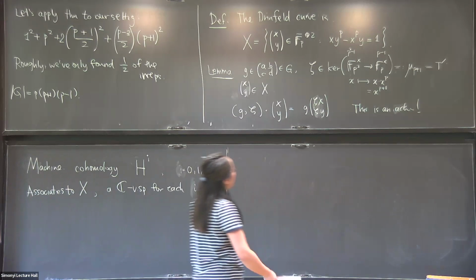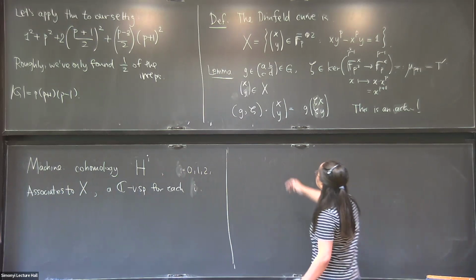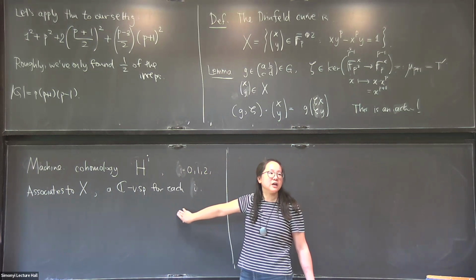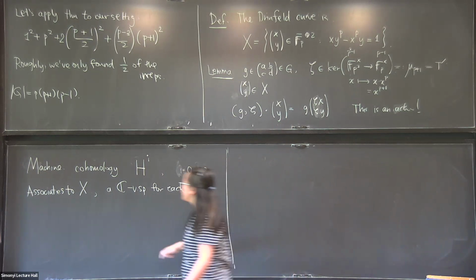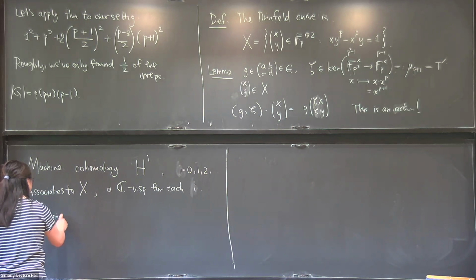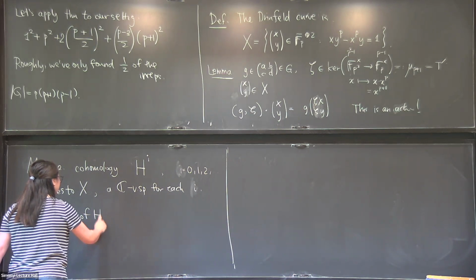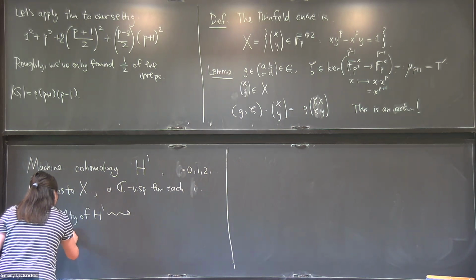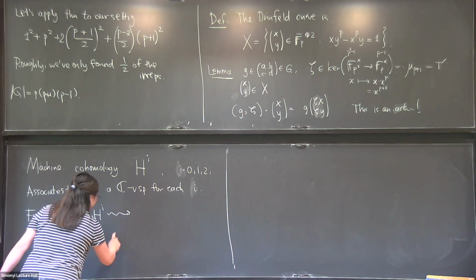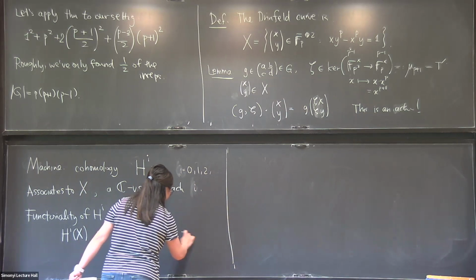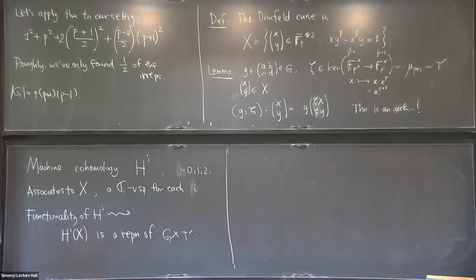One of the things built into the naturality is that because my X came with group actions, the resulting thing after I put it through this machine will also have group actions. So functoriality of H^i results in the thing we really care about, which is that H^i of X is a representation of G times T prime. All the actions I had before, of G and T prime, are still there.